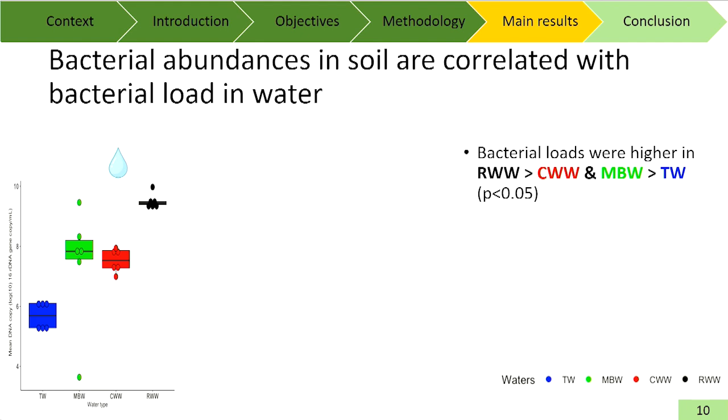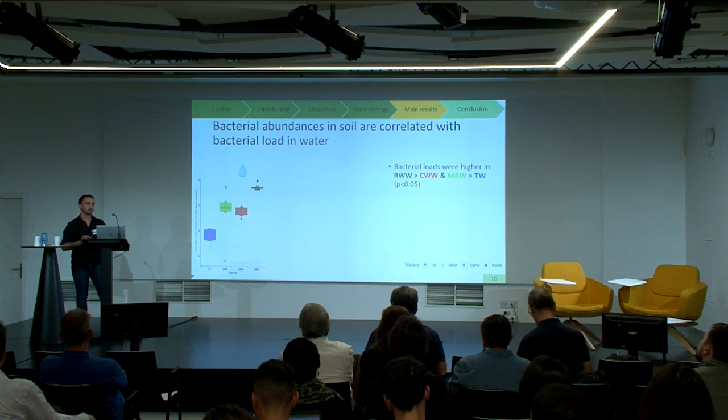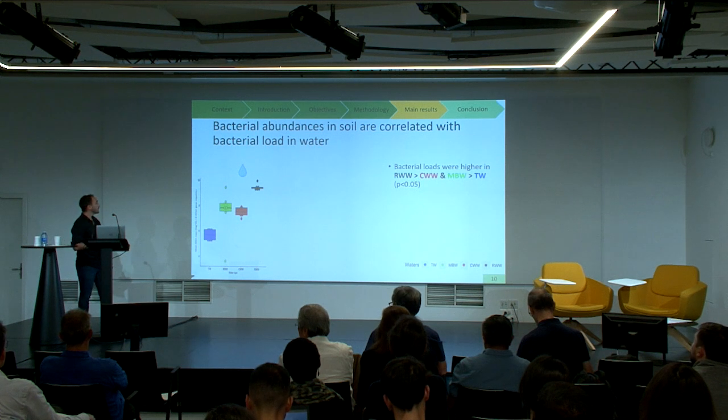Then, if we focus on the bacterial loads, first in our irrigation water, we have 3 different levels: the lowest one for potable water, the middle one for both treated wastewaters, and the highest one for the raw wastewater.